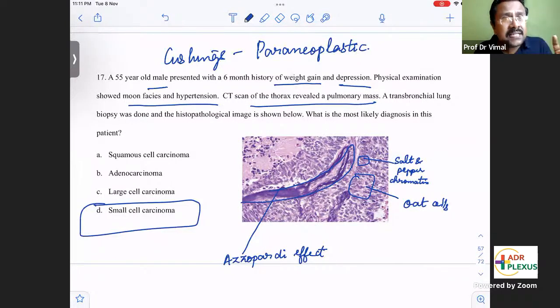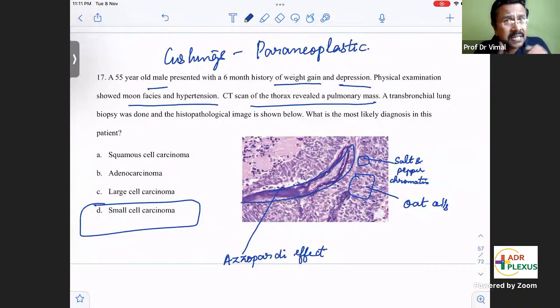And which lung cancer is hilar in location? Please remember, squamous cell carcinoma is hilar in location. Lung cancer with cavity formation is also squamous cell carcinoma, which has hypercalcemia as a paraneoplastic syndrome.